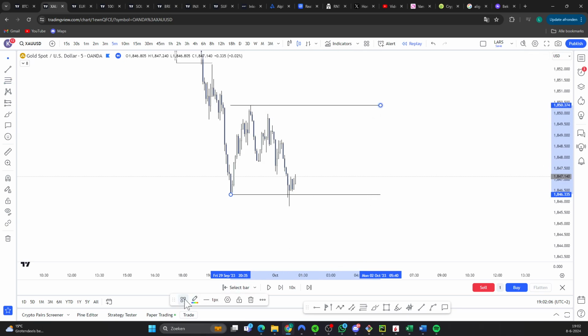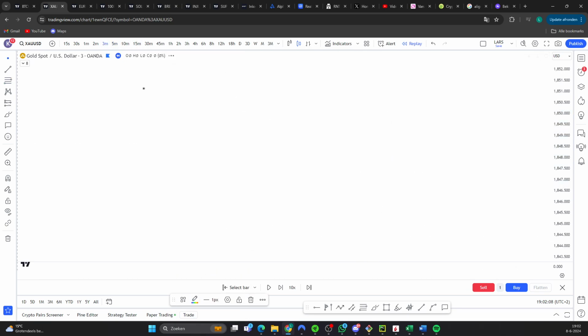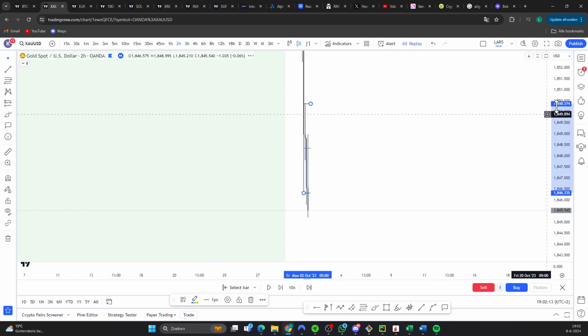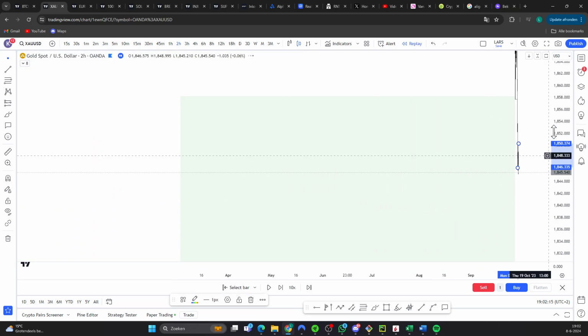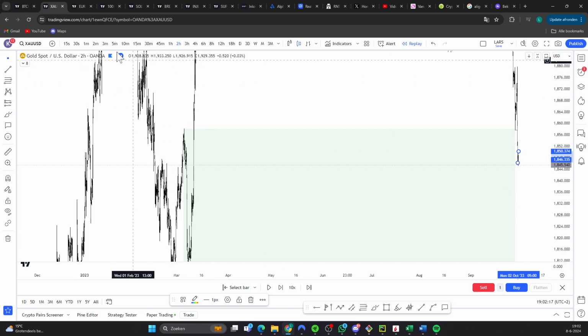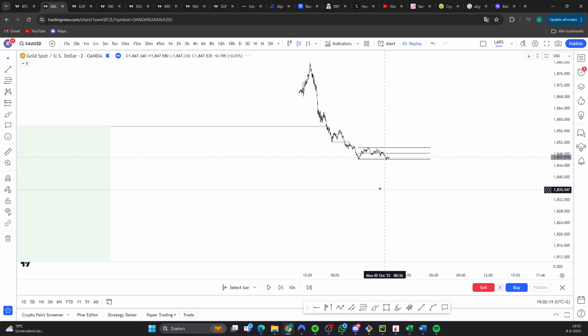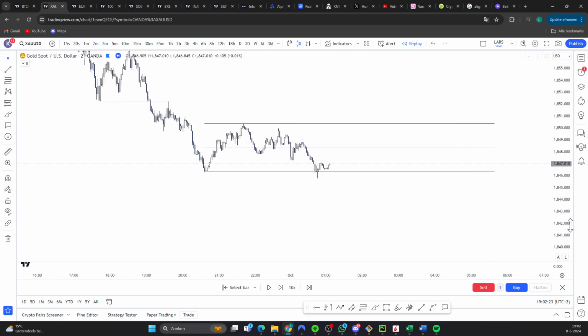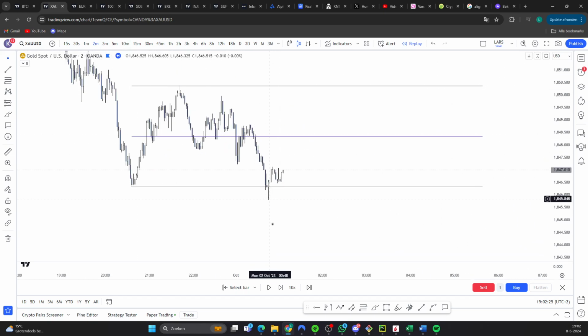I would look for a potential range creation. Let's zoom out. Yeah, so any range could be an accumulation in here. There's not really any structure to confirm an entry until here.